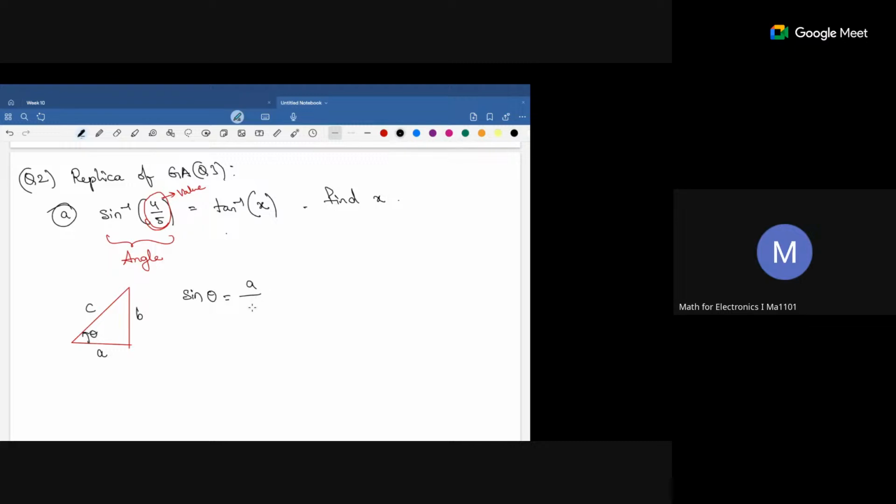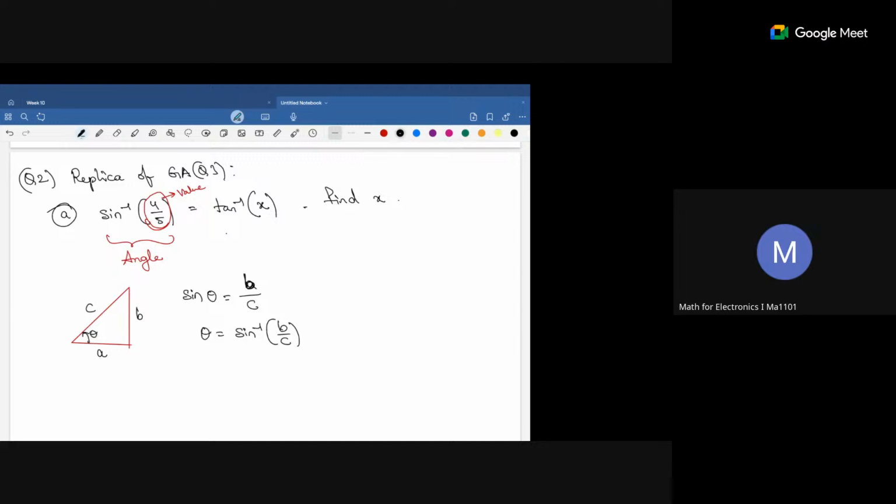Sine theta is simply opposite by hypotenuse. So now if I take sine inverse on both sides, I will have theta as sine inverse of B by C, correct? So sine inverse of 4 by 5.